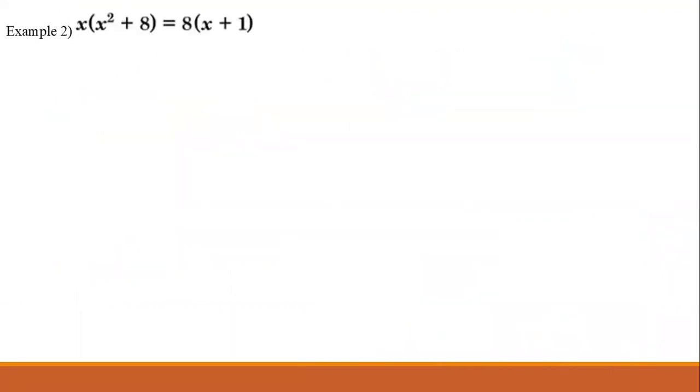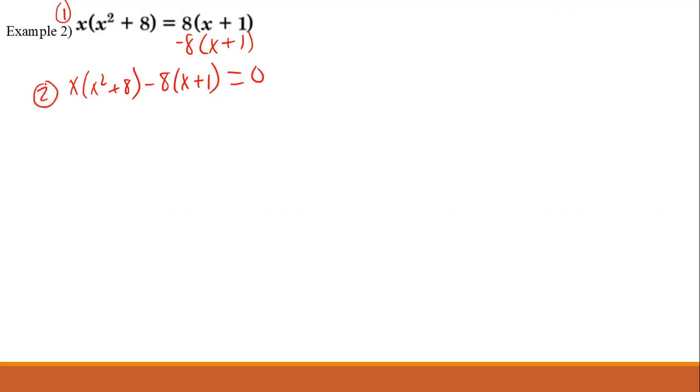Example 2. So on example 2, we're going to go through the steps. So it says move all terms to one side. So step 1, I'm going to subtract 8 times x plus 1. So that gives me x times x squared plus 8 minus 8 times x plus 1 equals 0.